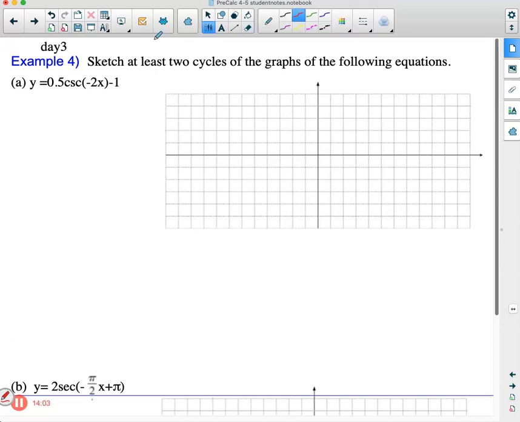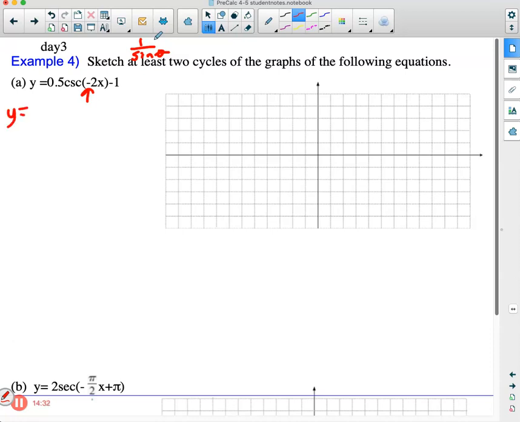I have to write smaller. There we go. So that means I have to graph this as if it were a sine curve. And so I'm looking at this, and I see that I have a negative with my b value. So I think about sine and how sine has odd symmetry, and I realize, well, I can't just make it disappear, but I certainly could move it out in front.